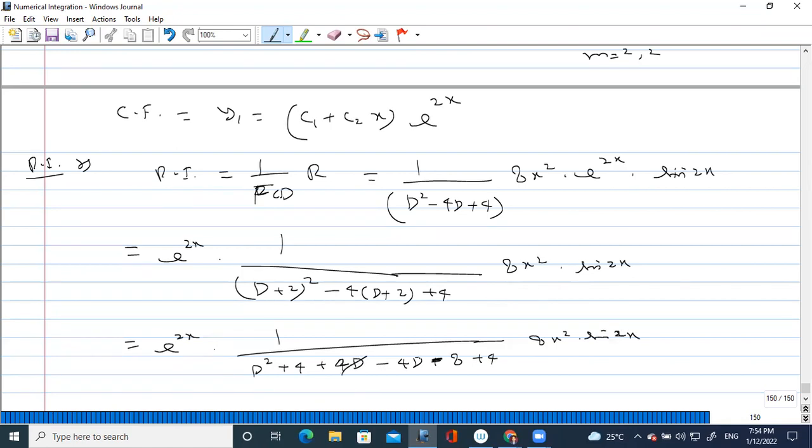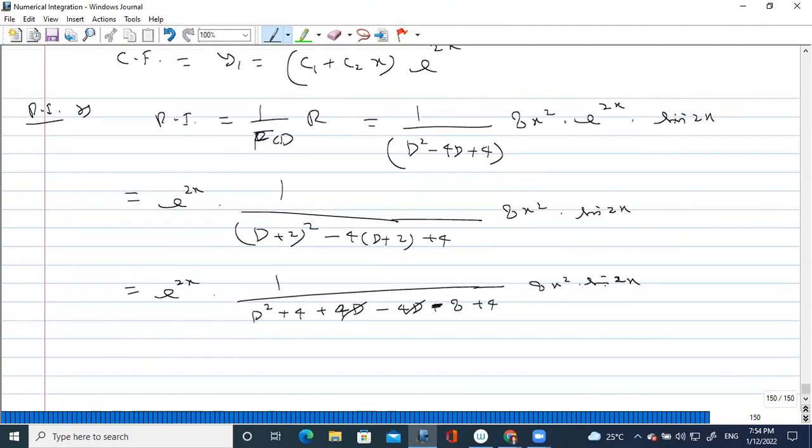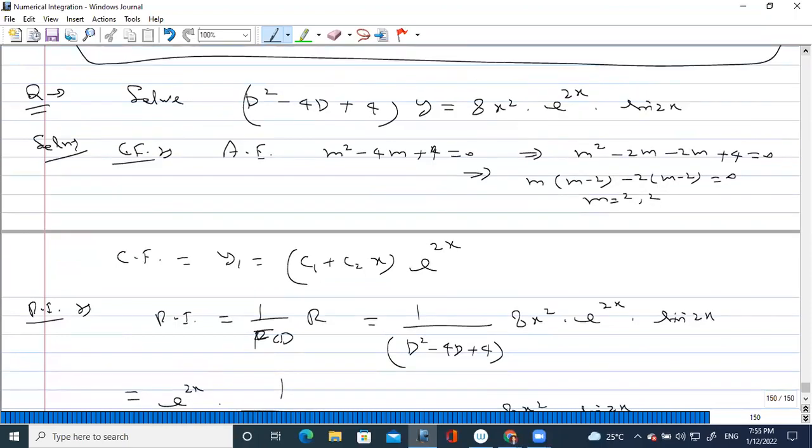Okay, so this 4d to 4d cancel, so it is d square only. Understood? So this will become e to the power 2x into 1 by d square, 8x square into sine 2x. Okay, so note down it first. Start from here.